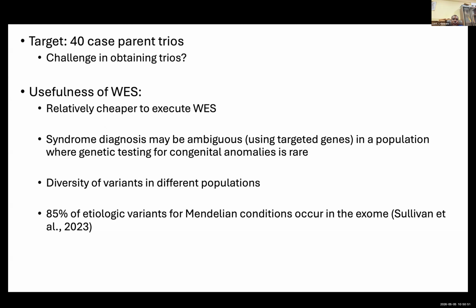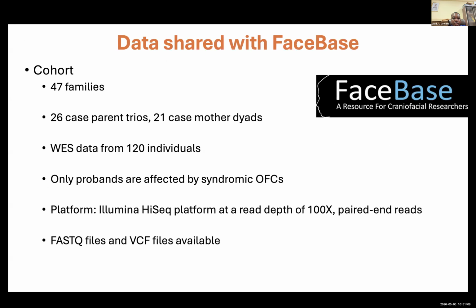We know that about 85% of pathogenic variants actually occur within the coding sequence. So it's always a good avenue to start looking for variants that may be causing a genetic syndrome, especially when you are dealing with a syndrome that you suspect is Mendelian in nature.